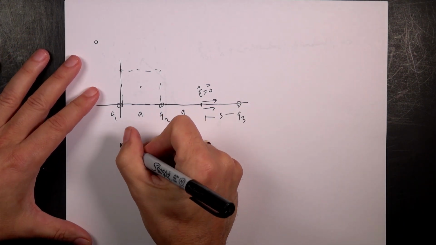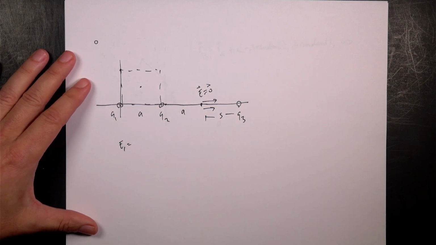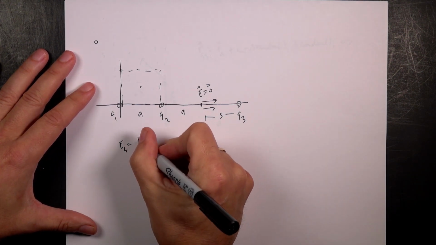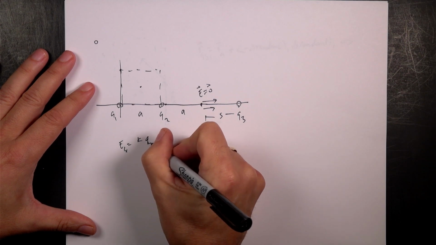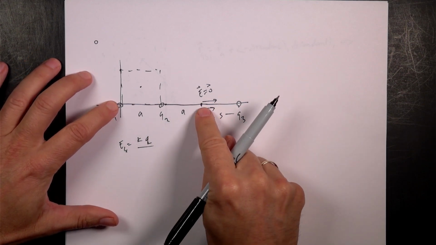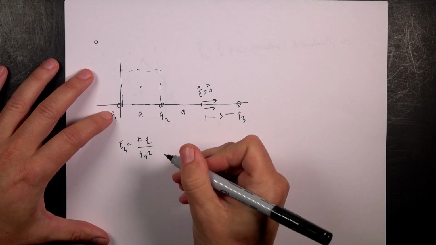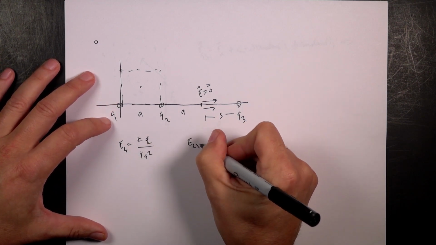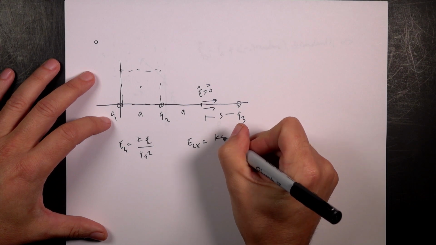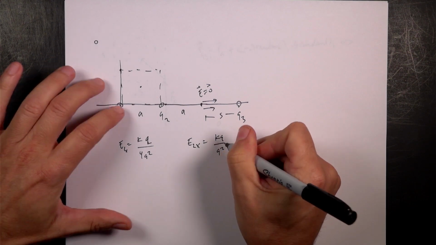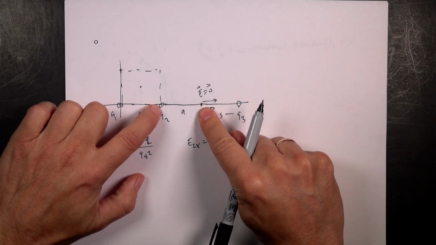I'm going to say E1x as a scalar, this is the x direction, actually, is kQ, they're all value Q, over a distance of 2a, so it's going to be 2a squared, which is 4a squared. E2x is going to be kQ over a squared, right? Because that's the distance for that one, a.